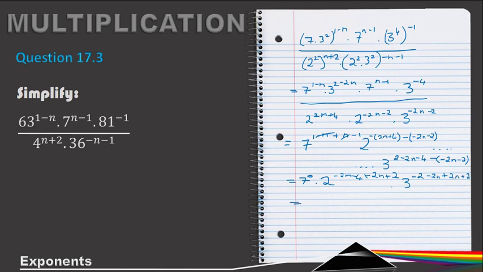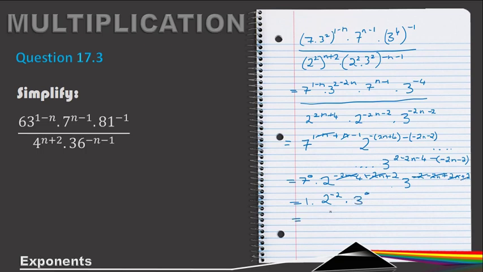And then further on, this becomes 1. And then for the 2, minus 2n and plus 2n cancel. Minus 4 plus 2 is then to the power of negative 2. And then minus 2 plus 2n will cancel. And minus 2 plus 2 is also equal to 0. So this is 3 to the power of 0.